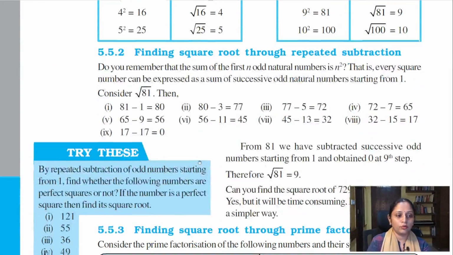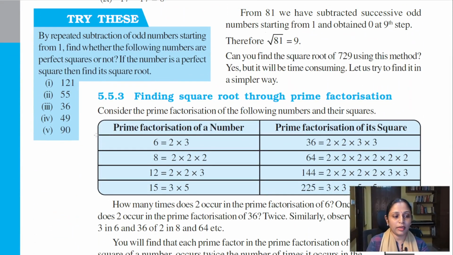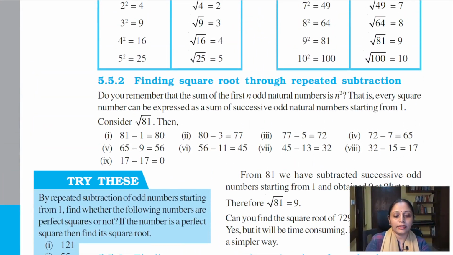And if you go further down here, they have given 5 more sums where they're saying, first of all, decide whether it's a perfect square or not. Clearly, if you get a 0, it's a perfect square. If not, it's not. If it is a perfect square, then you will count the number of subtractions you have done. That will give you the answer. Okay, so that is one method of finding the square root.